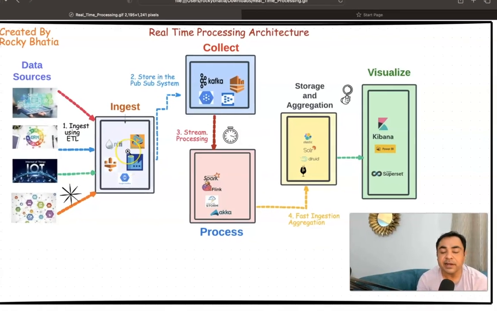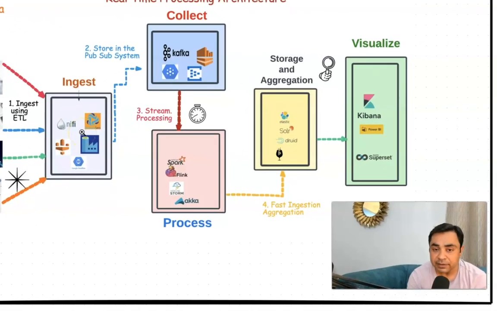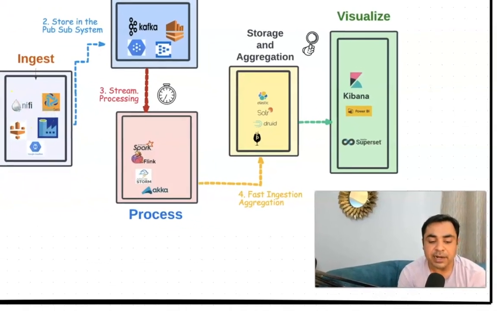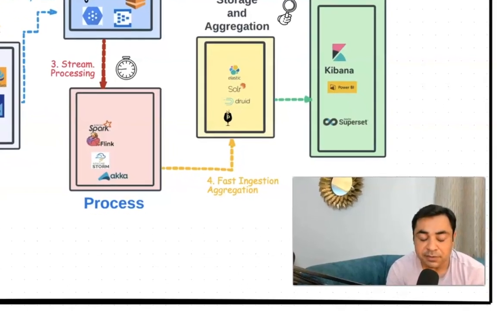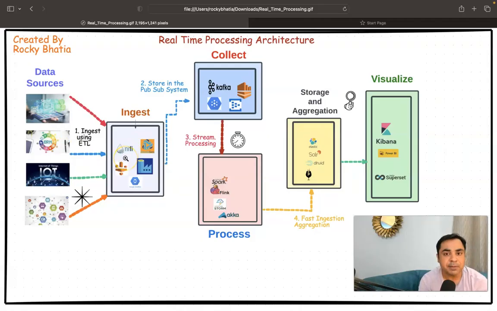First, maybe we can write custom code or write connectors so that we can start getting data from these sources. Or another, more efficient way is using ETL-based tools which are capable of getting data from different sources, like NiFi, StreamSets, and we have a couple of tools from cloud offerings as well.